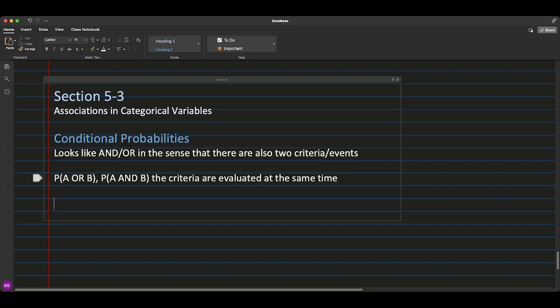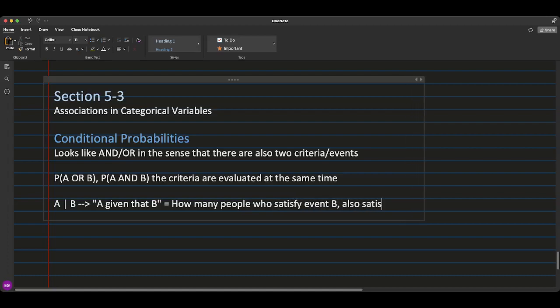Okay, so when we're talking about conditional probability, we write the symbol like this: A given that B. So this is read as A given that B. What this means is how many people who satisfy event B also satisfy event A. You can sort of think of this as a sequence of events.